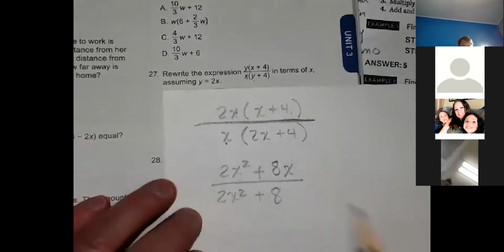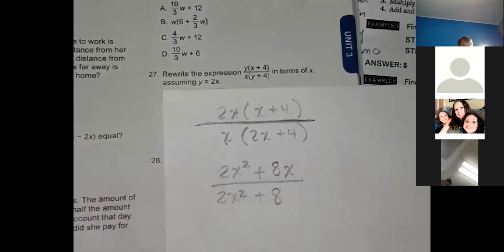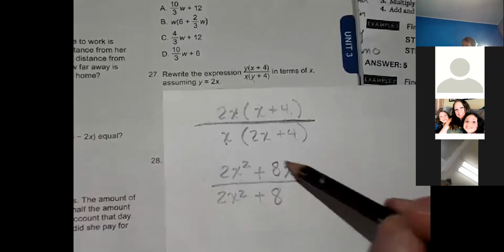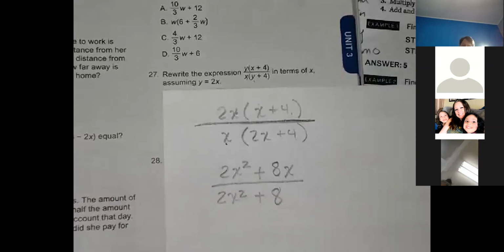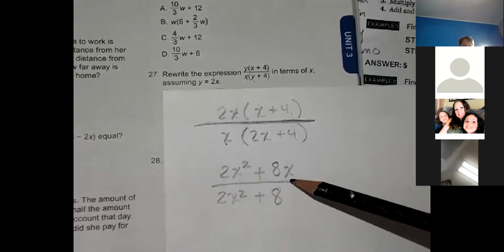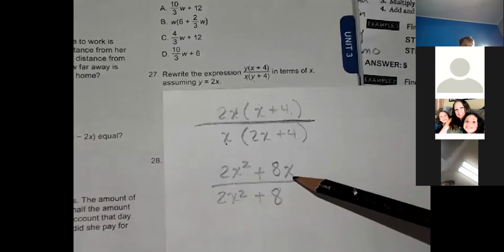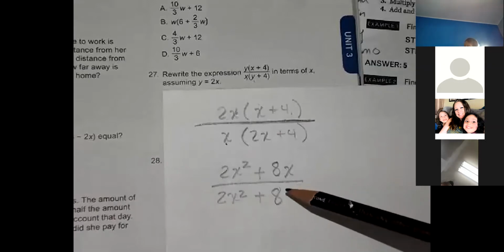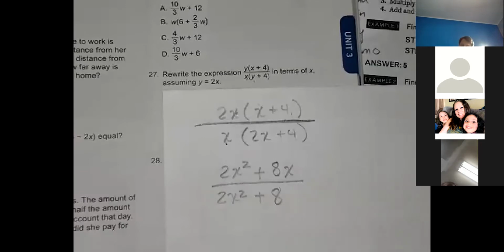Oh yeah, I'm really sorry that I did this. What I've written here is absolutely true. I haven't made any mistakes, but I haven't gotten closer to an answer. So I'm sorry I did this.